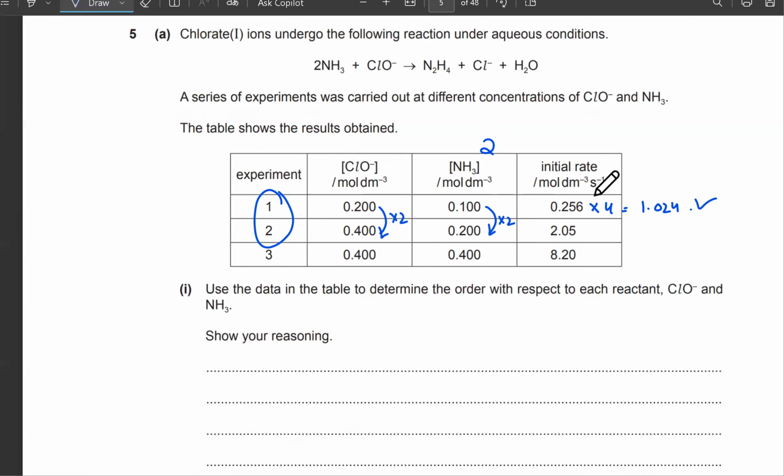You double it, it becomes 4 times. But the answer over here is 2.05. So that means that there's another doubling that's happening. And that doubling is probably happening because of ClO minus. Is that clear? Yes. So there's another doubling that's happening, and that's probably because of this. So that means this is order 1.